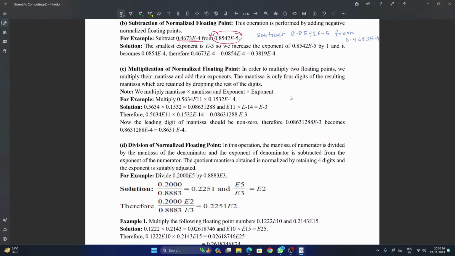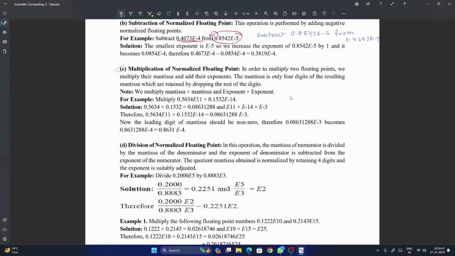So here the multiplication pattern will be like this: multiply the mantissa and then multiply the exponents. Suppose you want to multiply these two numbers, 0.5634 E11 and 0.1532 E minus 14.